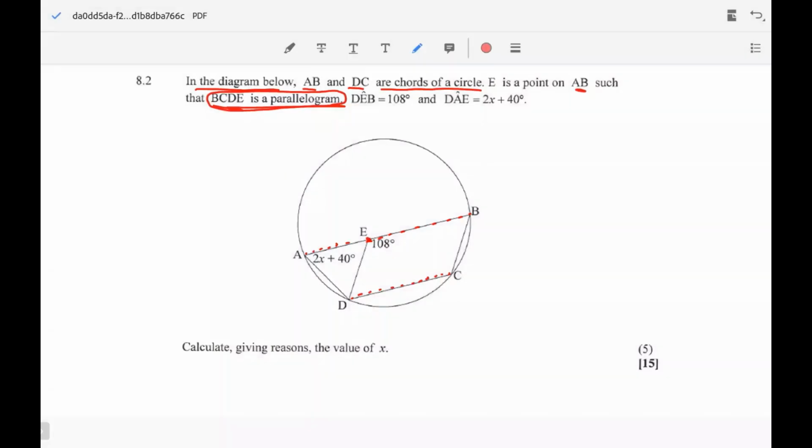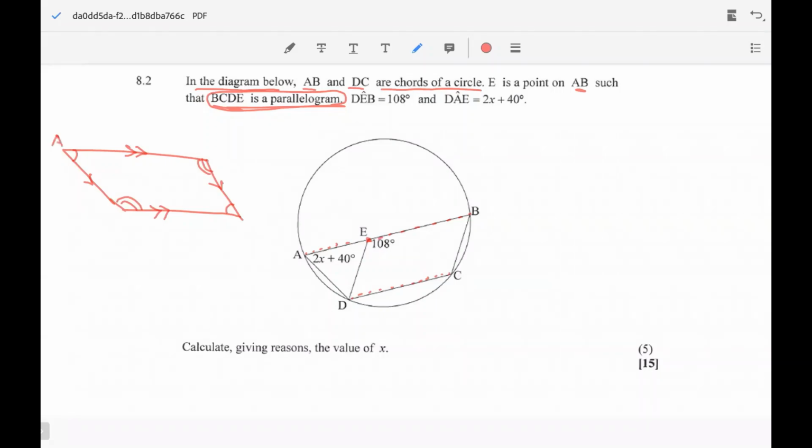So this is a parallelogram. I'll just sketch it merely. With a parallelogram, we know that the opposite pairs are parallel and the opposite angles must be equal.